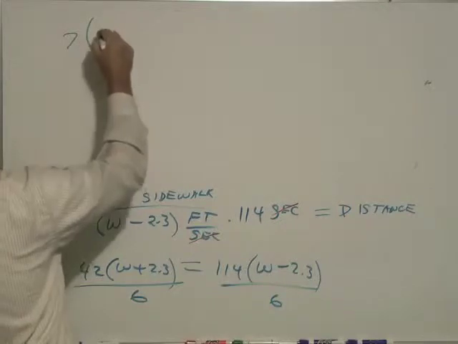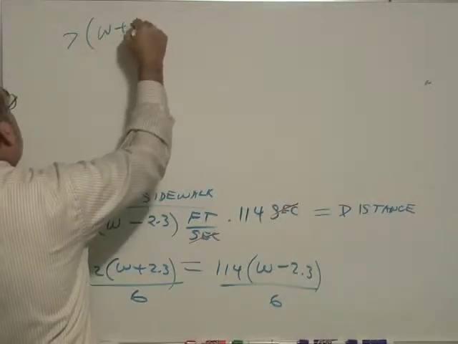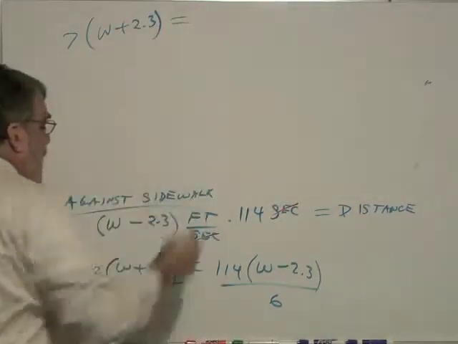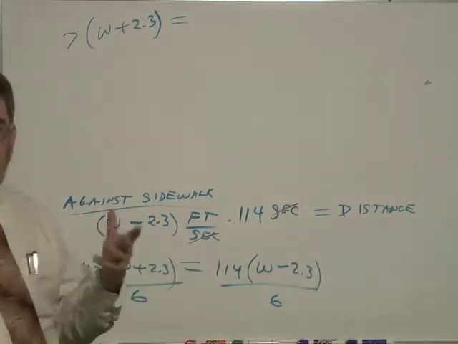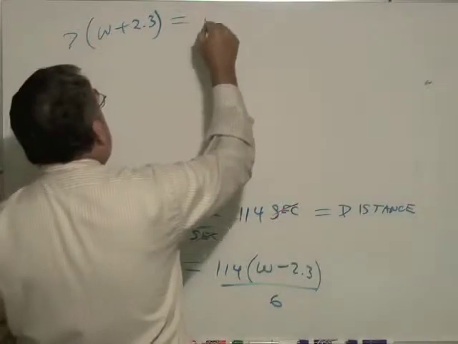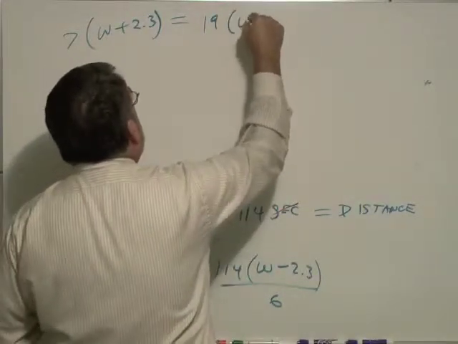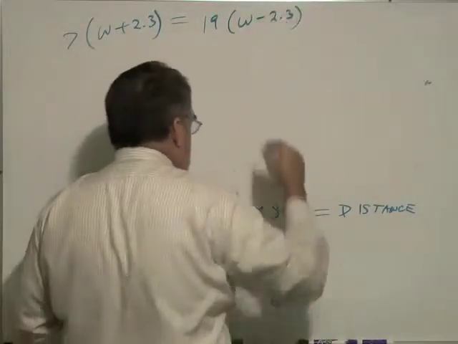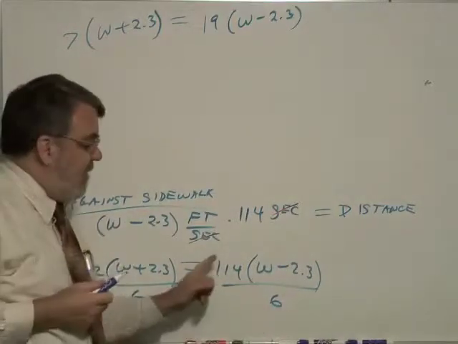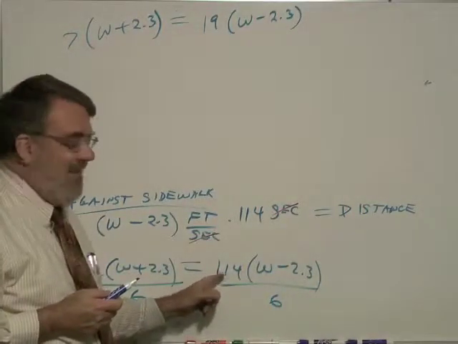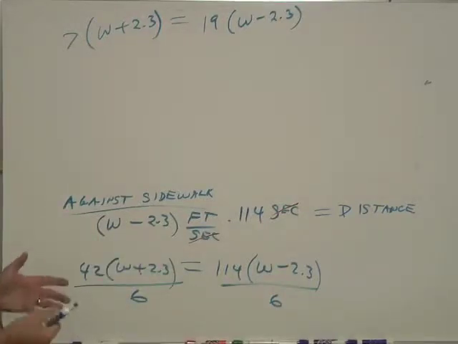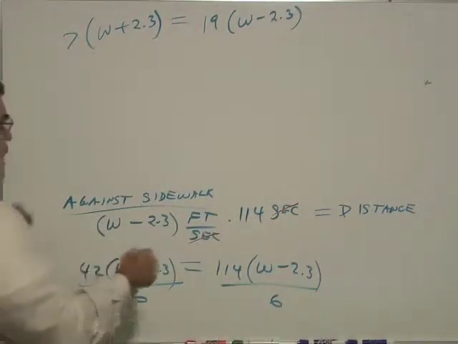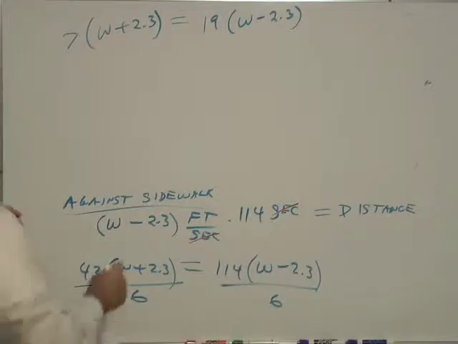So it's 7 times W plus 2.3 equals... 6 goes into 114, how many times? 19 times, doesn't it? 19 times W minus 2.3. So I figure 6 times 20 is 120, and this is 6 less than 120, so that's 6 times 19, isn't it? Well, in any event, I know you can use a calculator on this too.